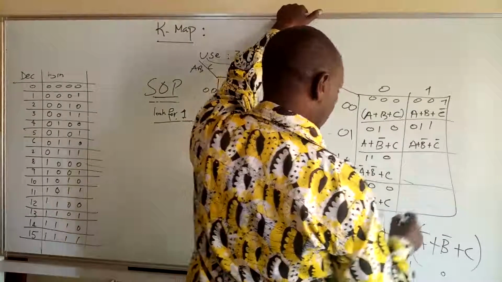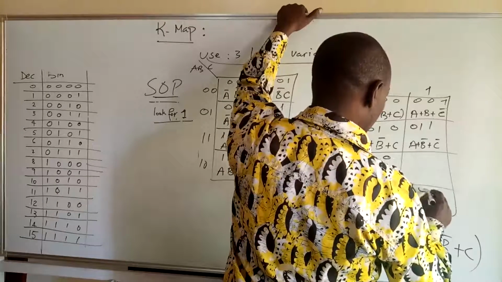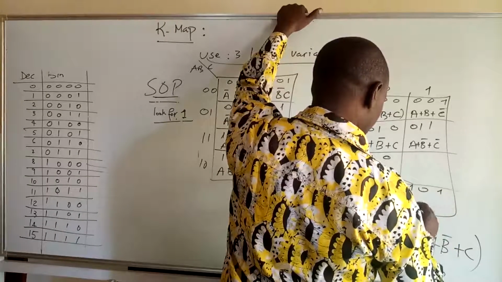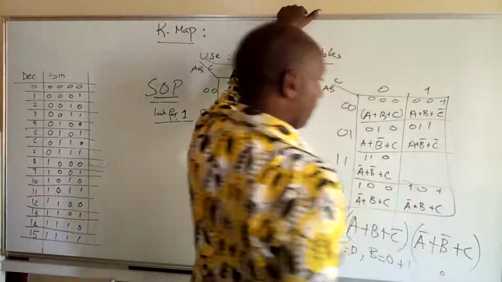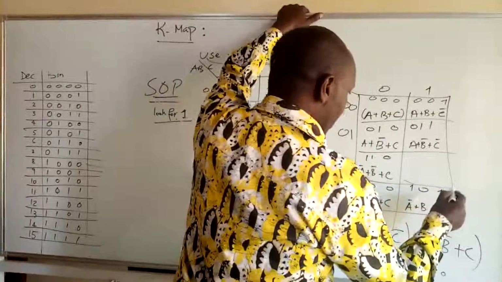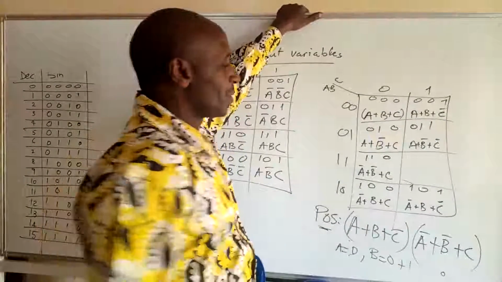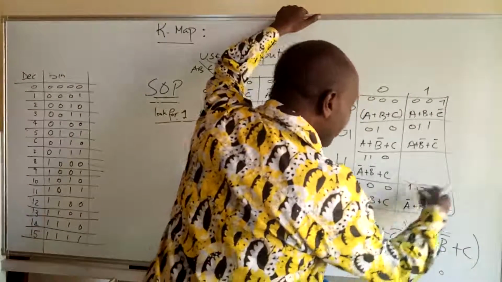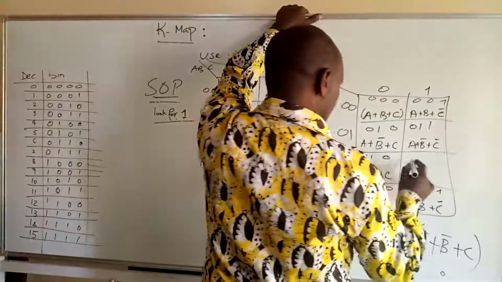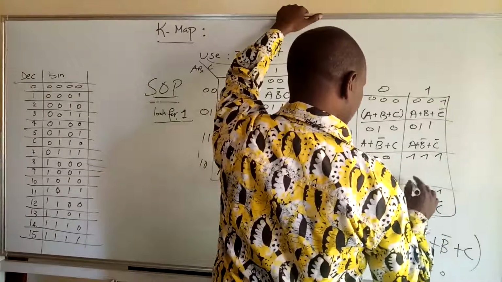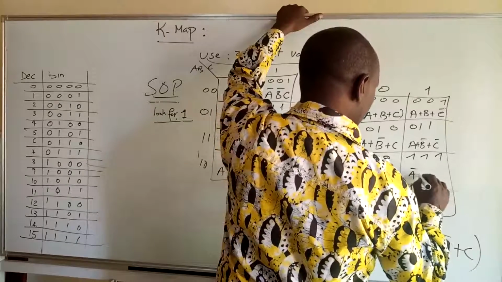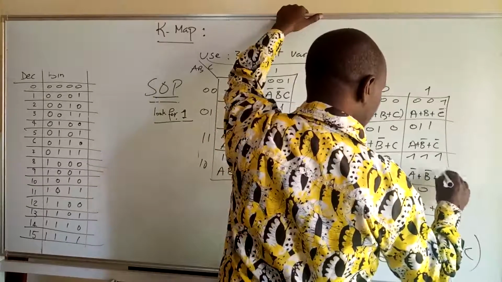Good. That is 1, 0, 1. This is A bar, B, C bar, sorry, C bar, because it should be inverted to be 0. Now, this is 1, 1, 1. That is A bar, B bar, C bar.